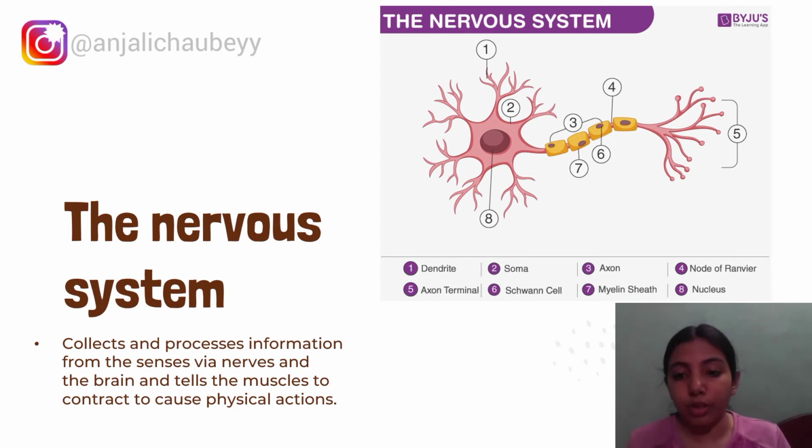The neuron has been depicted in the picture on the right side of this slide, and the various parts of the neuron have been tagged. The classic example to explain the nervous system is the hot stove story.